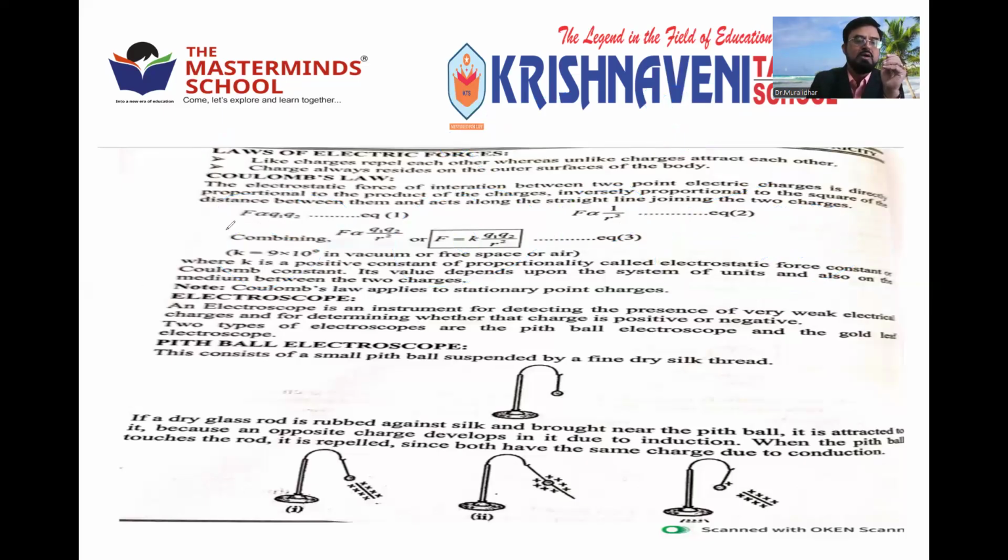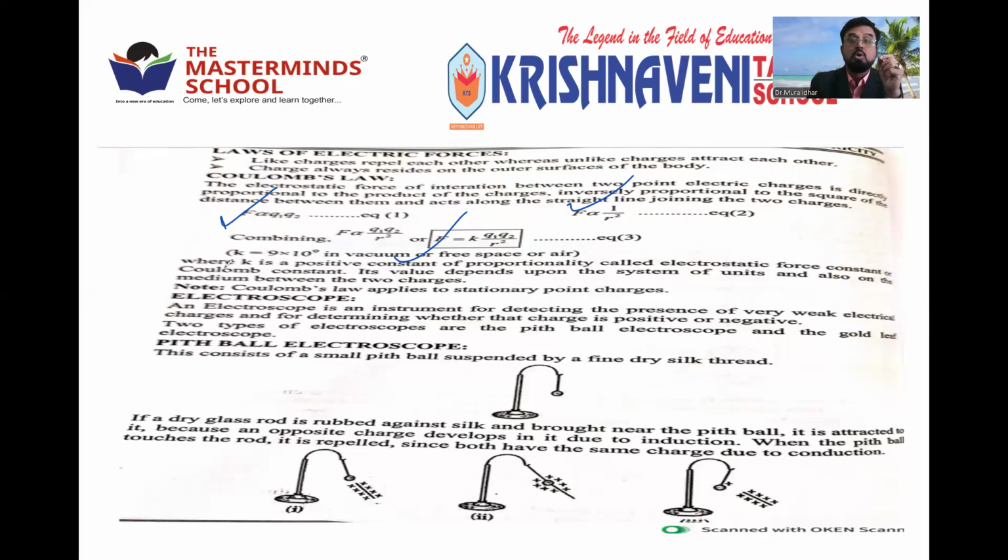From that we got the first equation, the second equation, and combining them we get the common equation, equation 3. This is called Coulomb's law, which is helpful for you in the coming chapters. So this is about the law of electric forces.